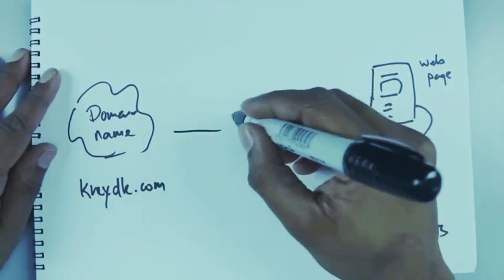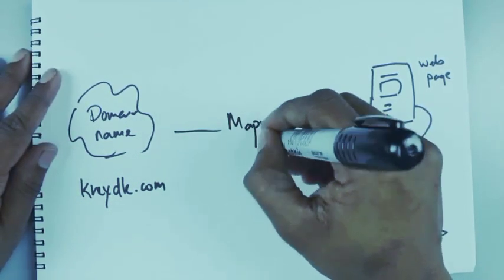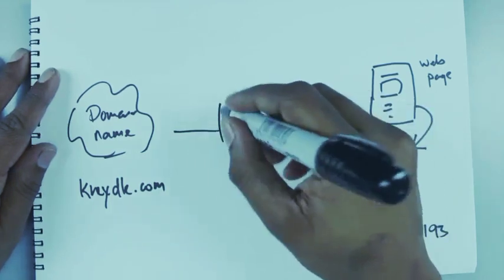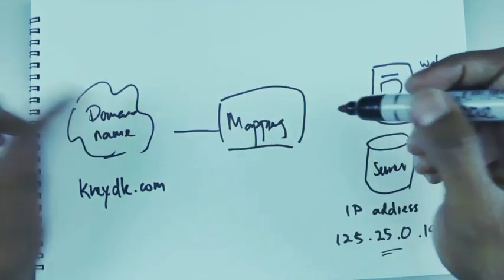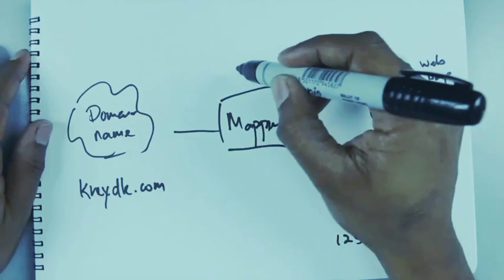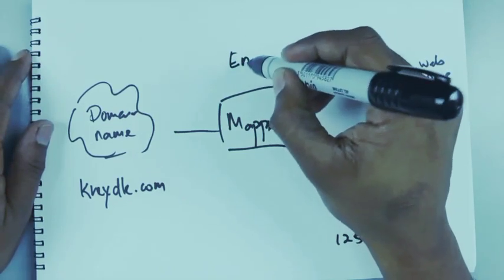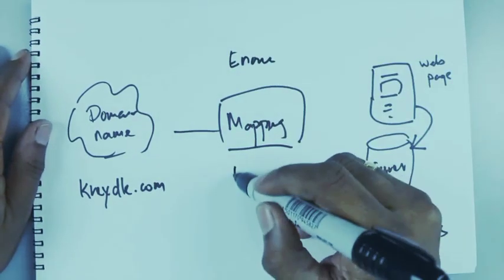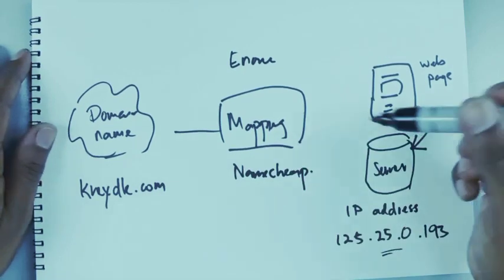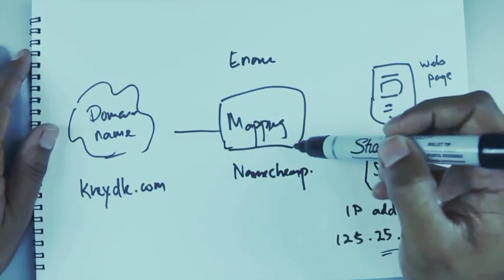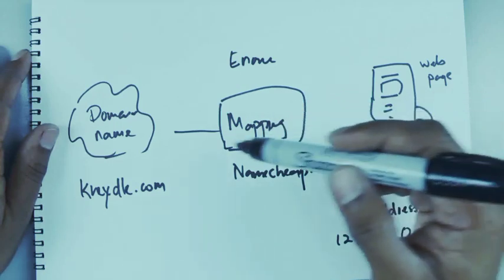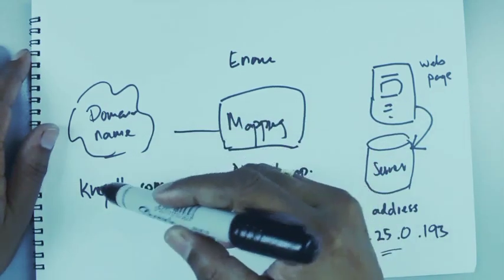When they type cradle.com in their browser, a mapping process happens, from the domain name registrar. That can be, say, Enom or Namecheap. The place where you registered your domain name will store this mapping information.